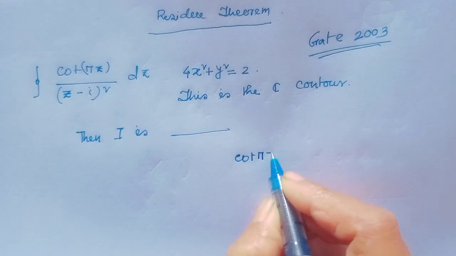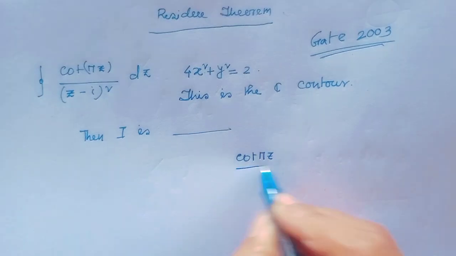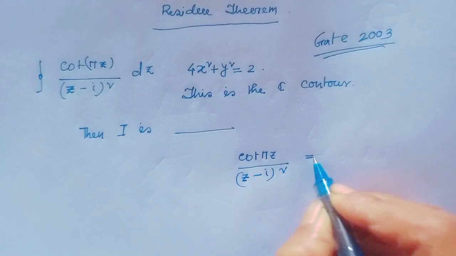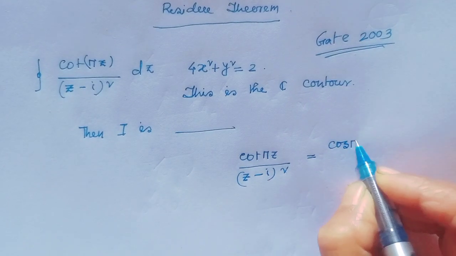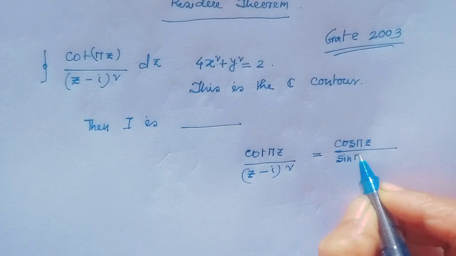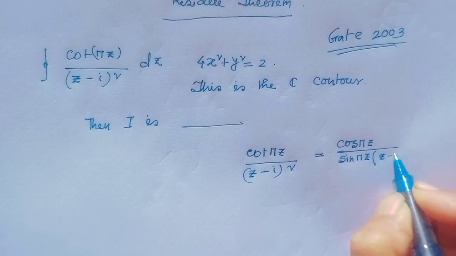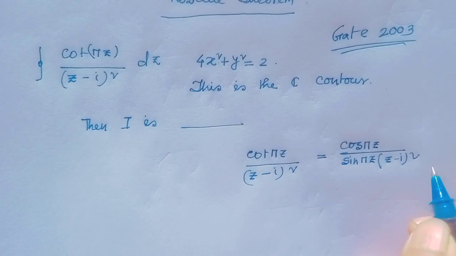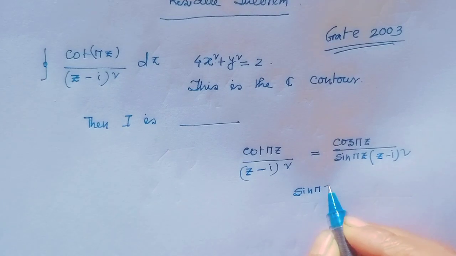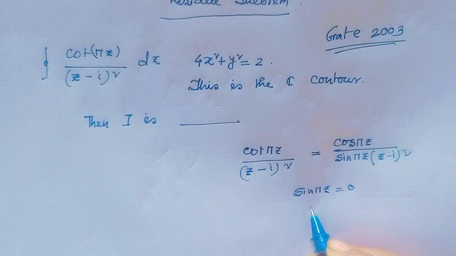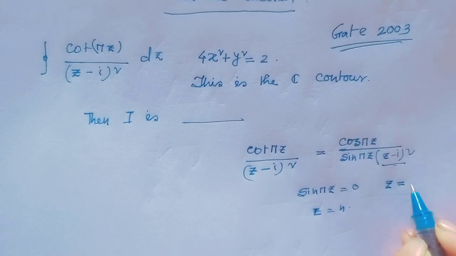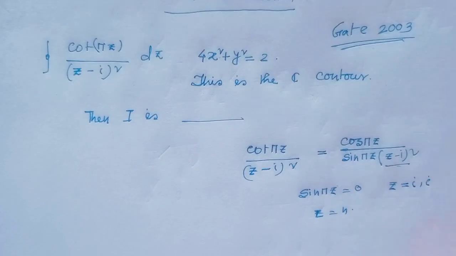Cot pi z over (z minus i) whole square means cos pi z over sin pi z times (z minus i) whole square, and sin pi z equals 0 at z equal to n, and the denominator is 0 at z equal to i.